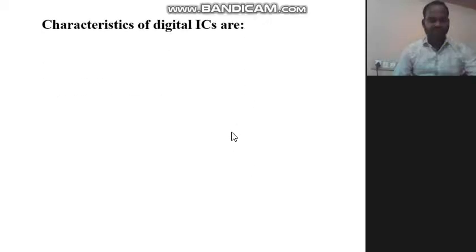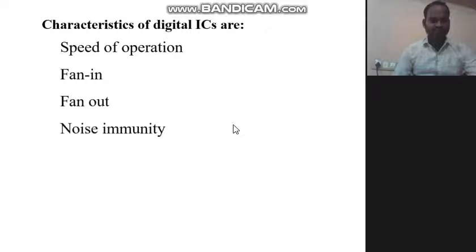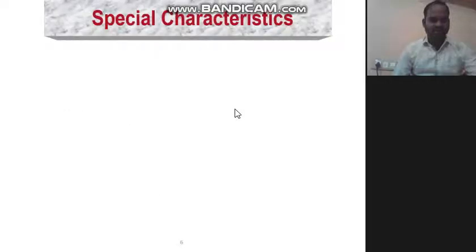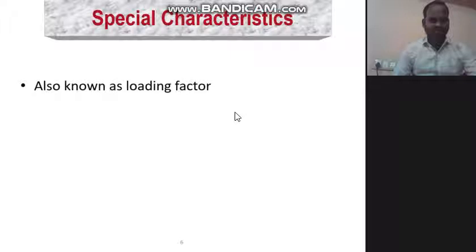The characteristics of digital ICs are speed of operation, fan in, fan out, noise immunity, propagation delay, and power dissipation.